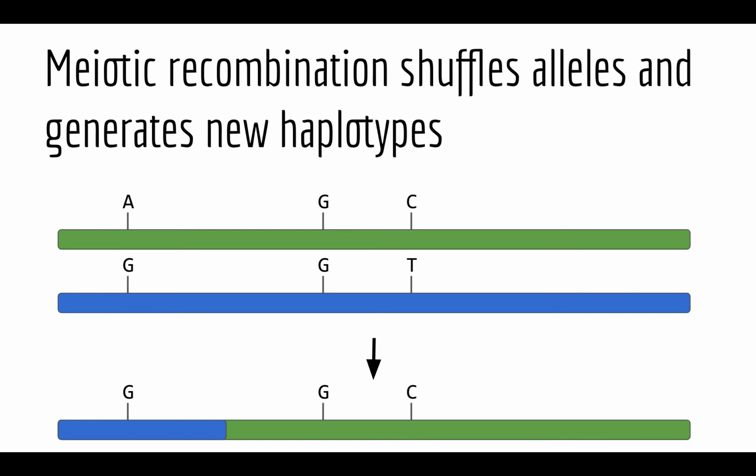So maybe there's a crossover event here that leads to a new gamete, a new haplotype that has never been seen before, which is a mixture of the two haplotypes that I inherited from my parents. So now this is a gamete that is G, crossover, G, C, a mixture of the two.